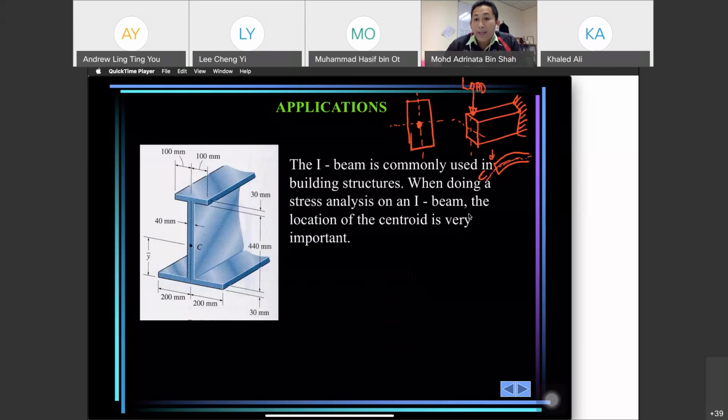What we call the neutral axis. But what if we have an I beam as in the figure? An I beam in the figure, and we have a load here.